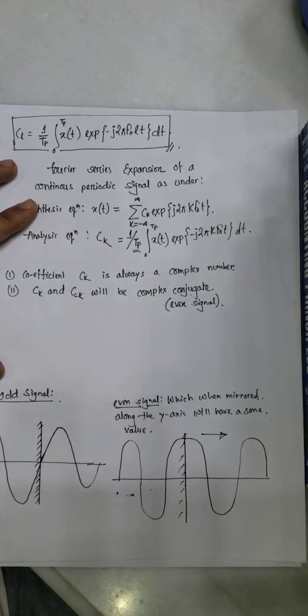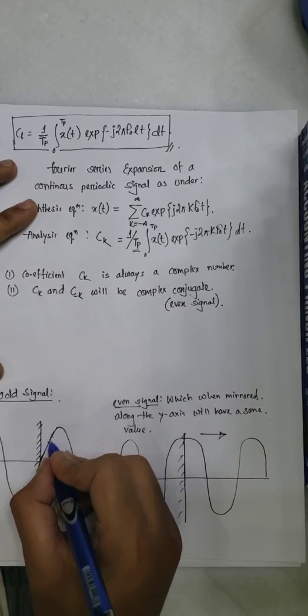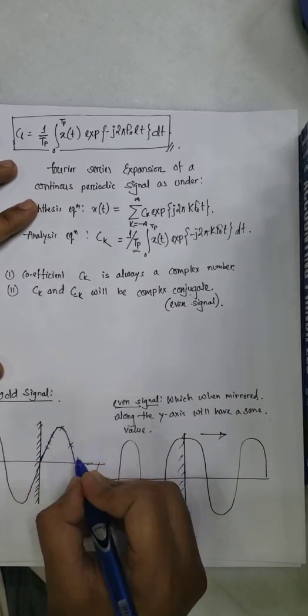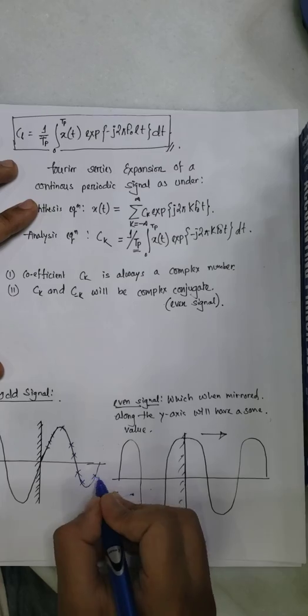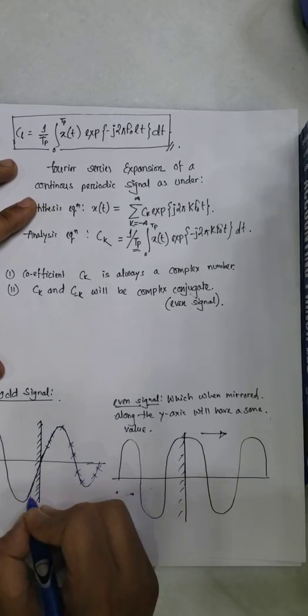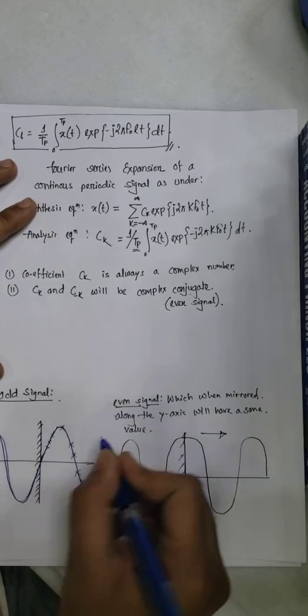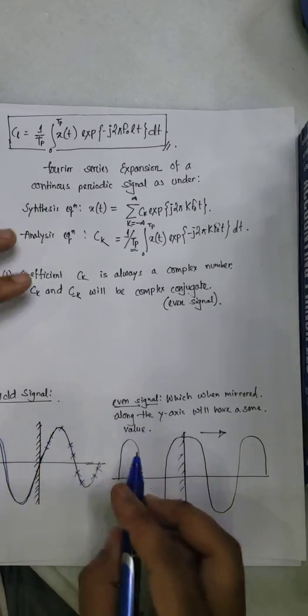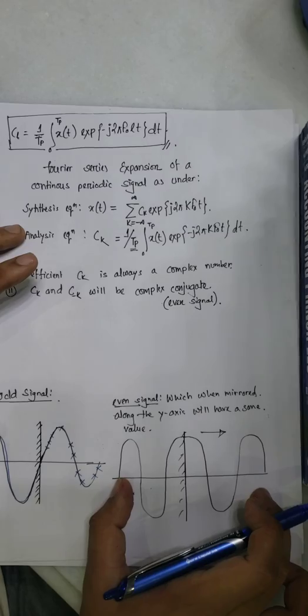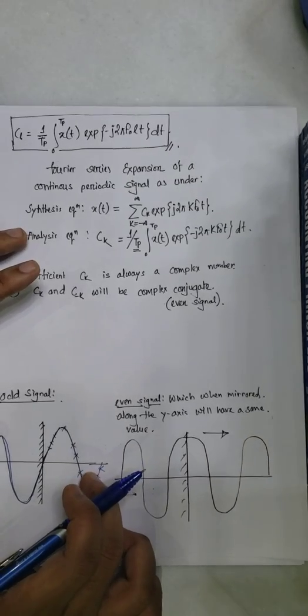As you can see, this part is the original signal, and this one is nothing but the reverse version of this signal. So this one is an even signal, this one is an odd signal.